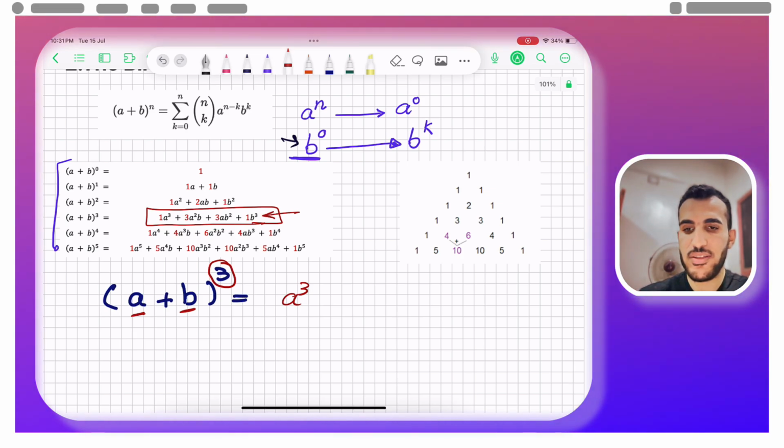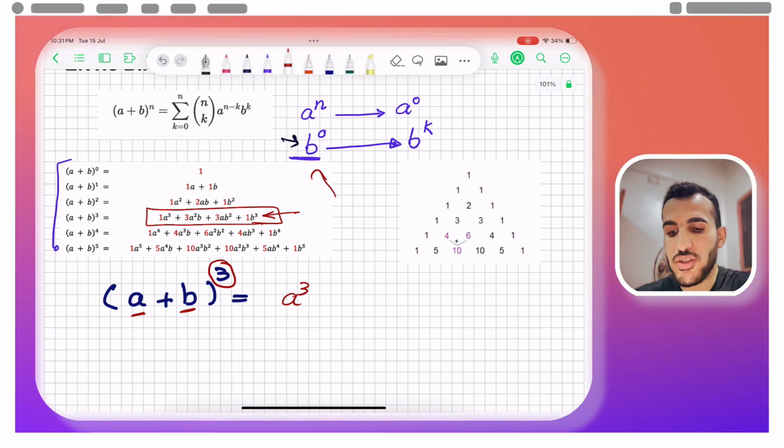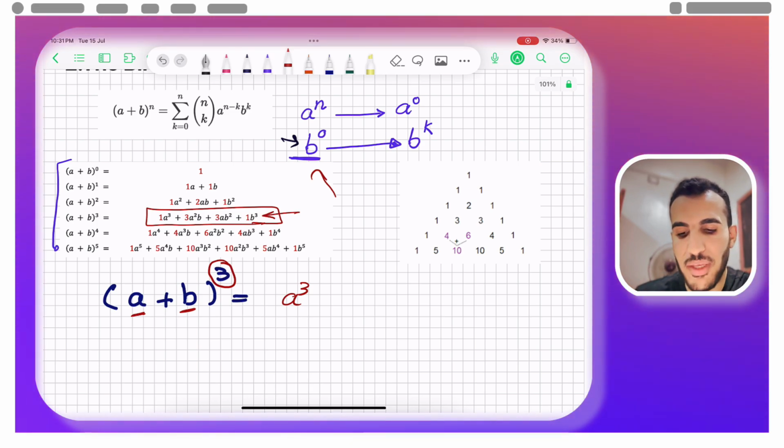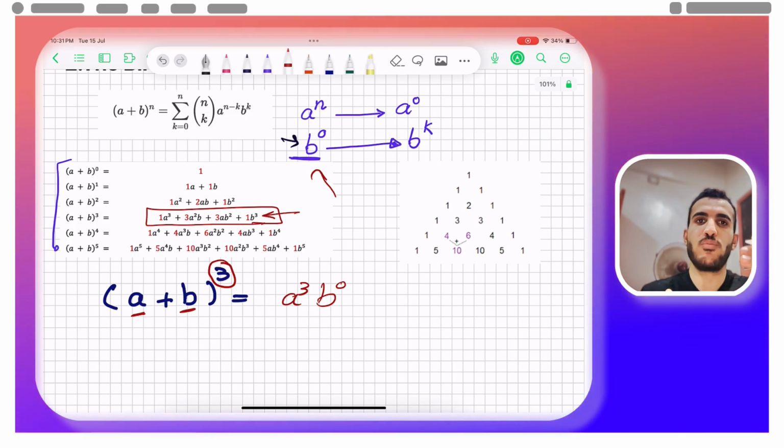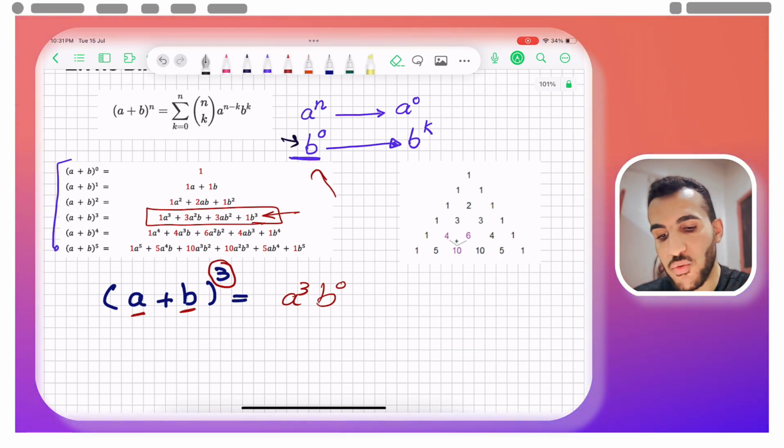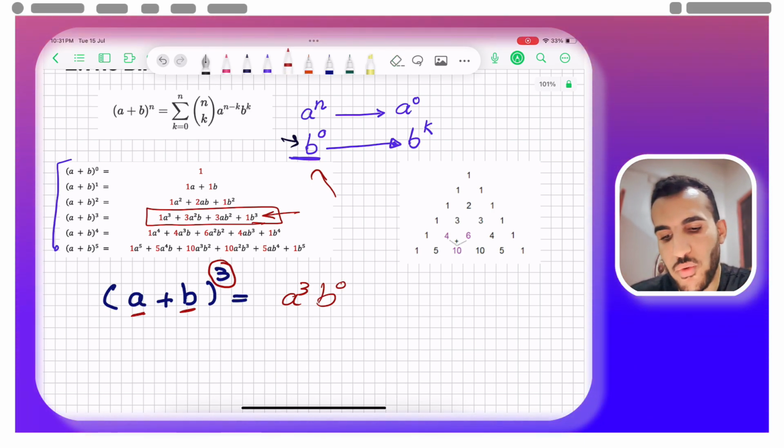And if you look at the first term, as we mentioned before, b starts with the power 0, which is k equals 0 in this case, so we don't write b to the power 0. Each time we add 1 until b is raised to the same power as the exponent of this expression. We don't need to write b to the power 0 because it equals 1.